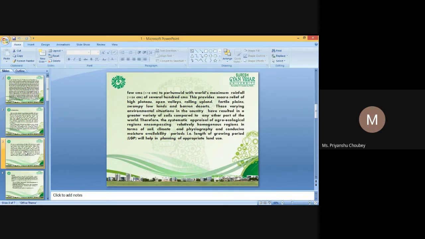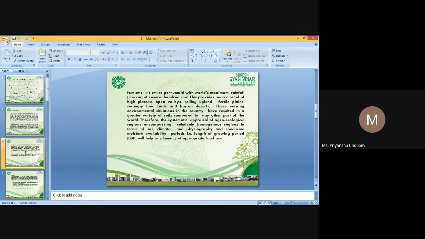This provides a macro relief of high plateaus, open valleys, rolling uplands, fertile plains, swampy lowlands and barren desert. This varying environmental situation in the country has resulted in a greater variety of soils compared to any other part of the world.